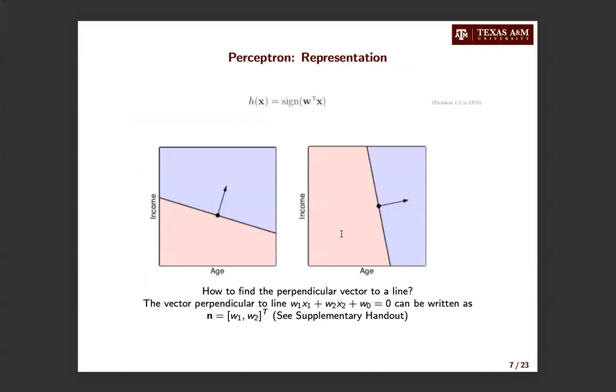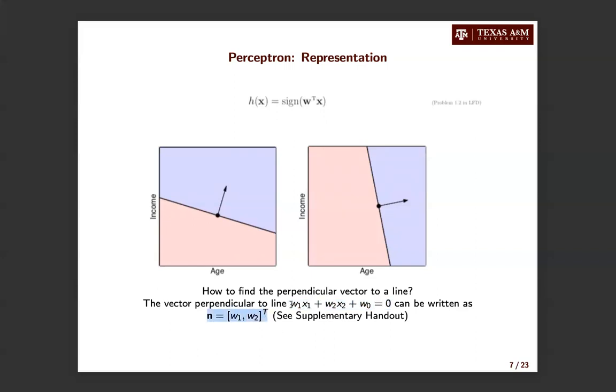So how can we transform this equation into a visual representation where we have a line or a hyperplane? It only takes for us to remember that the vector that is perpendicular to a line, especially in this case, this two-dimensional line, can be written in this notation here.